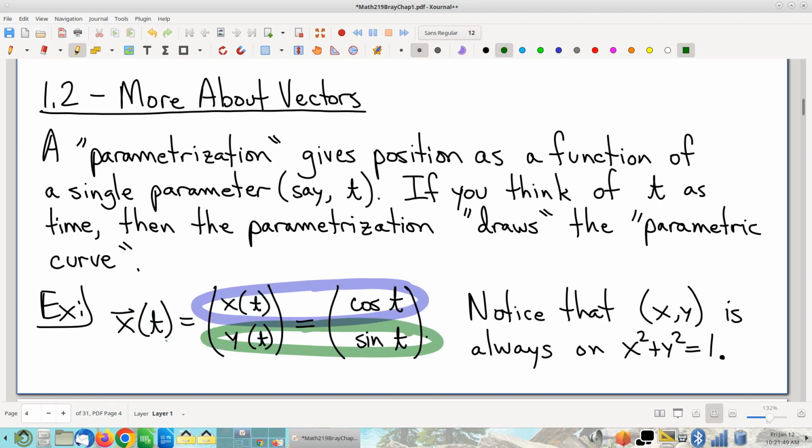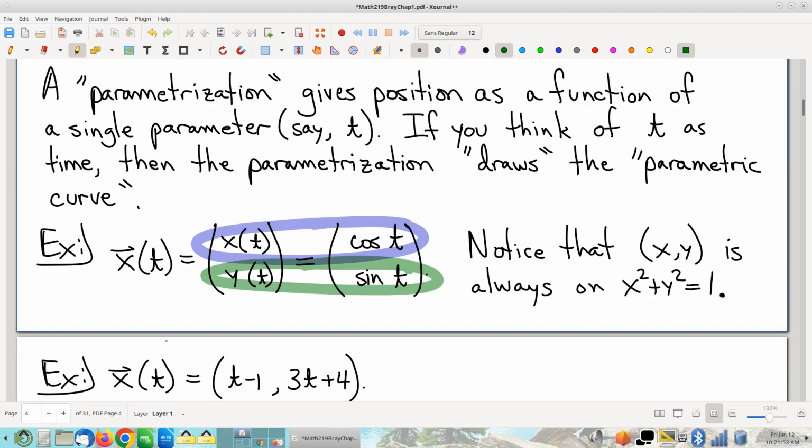Now one thing you could do, though I don't really recommend this, is use the formula for x as a function of time and have your finger do what it says, and have your other finger do what the formula for y says. It's very confusing. That's not at all what I recommend.